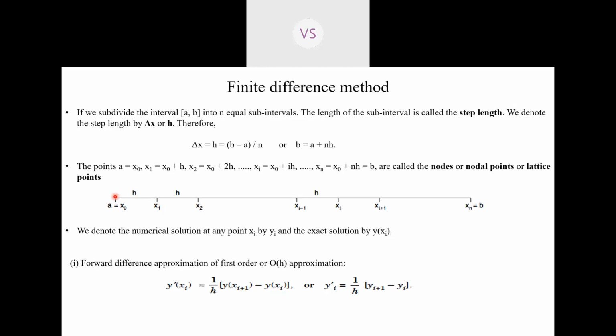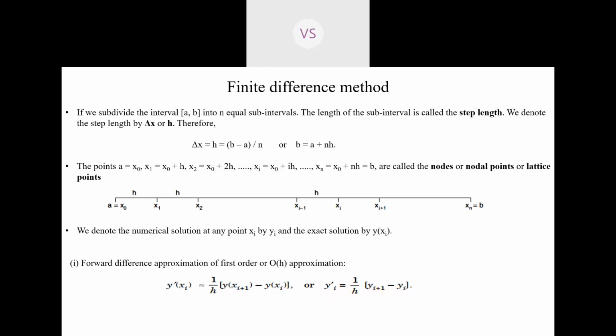In this way you find y1 dash. You can see y dash i is equal to 1 by h, yi plus 1 minus yi. If i is 1, it will be 1 by h, y2 minus y1.